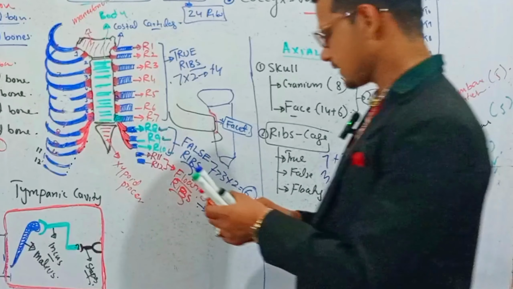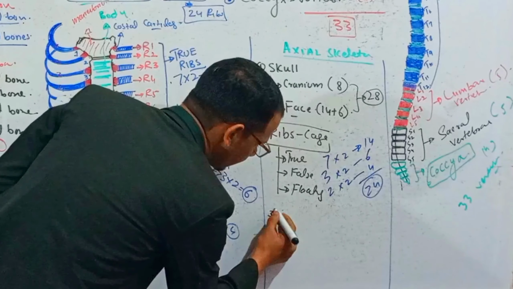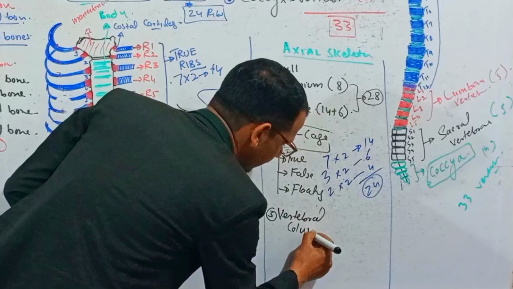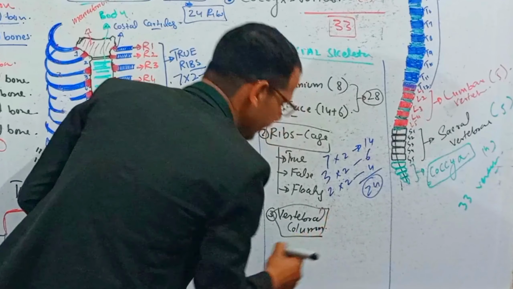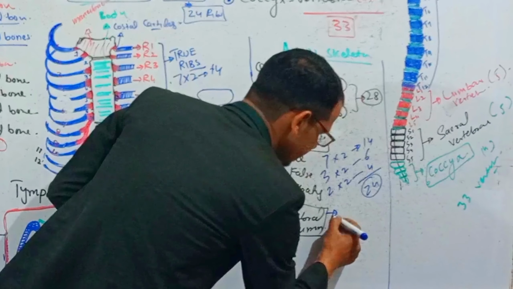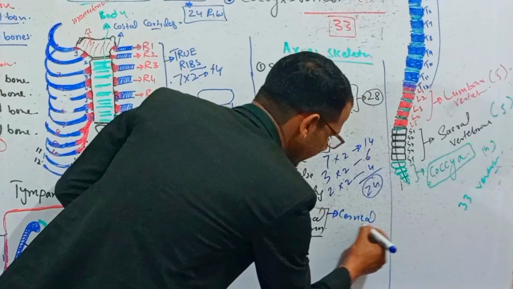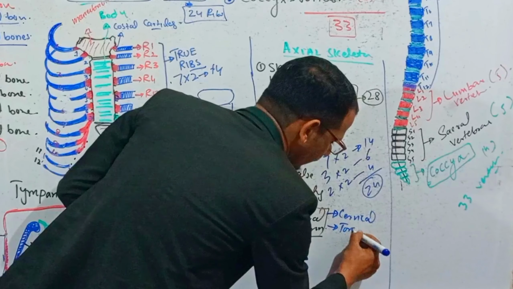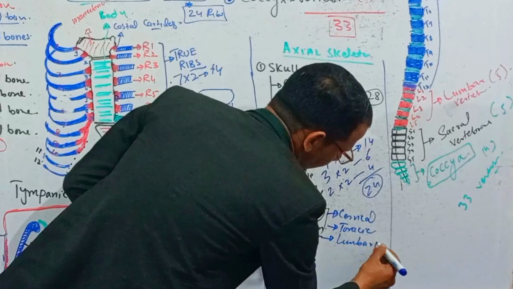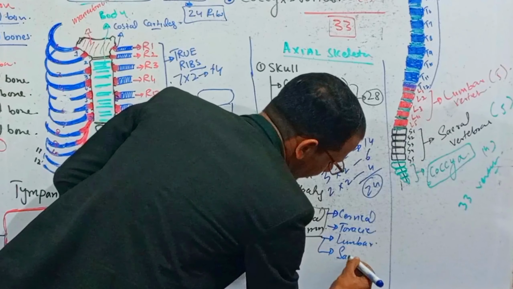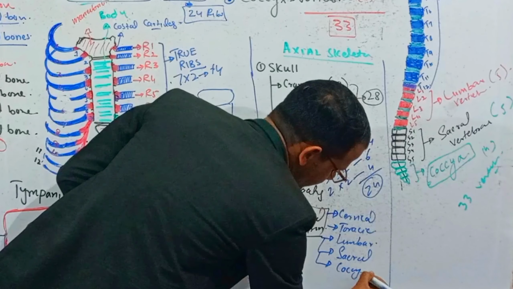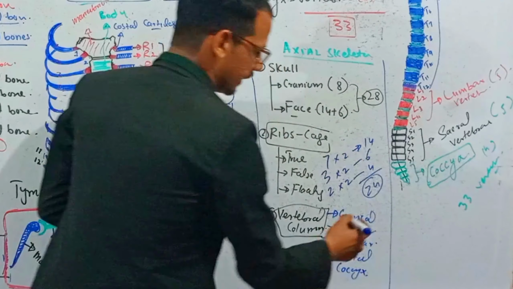The last is the vertebral column. The vertebral column is composed of 5 regions: cervical region, thoracic region, lumbar region, sacral region and coccygeal region.